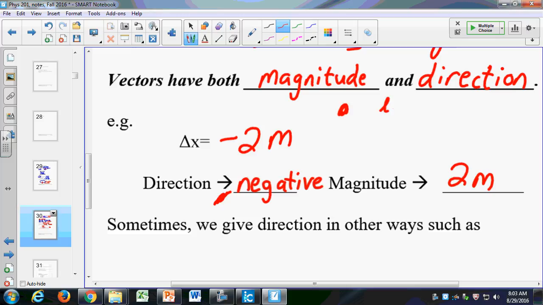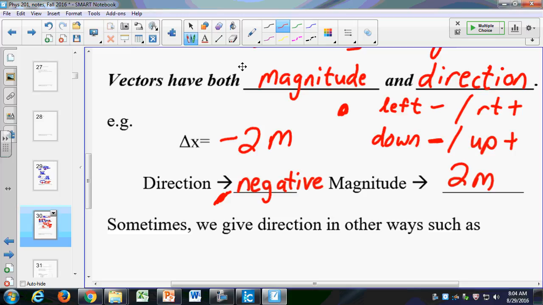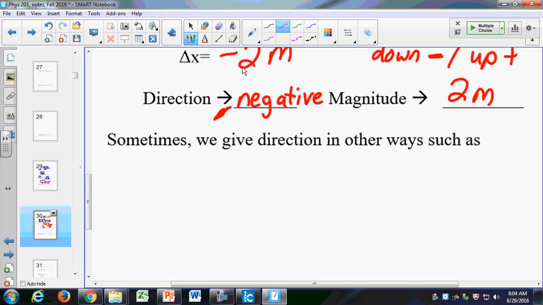So left is negative, right is positive, down is negative, up is positive, and there is a convention in the z-axis, but we're not going to deal with that now. Sometimes we'll give direction in other ways. You'll see this more in chapter 3, but we can give north, south, east, west directions.